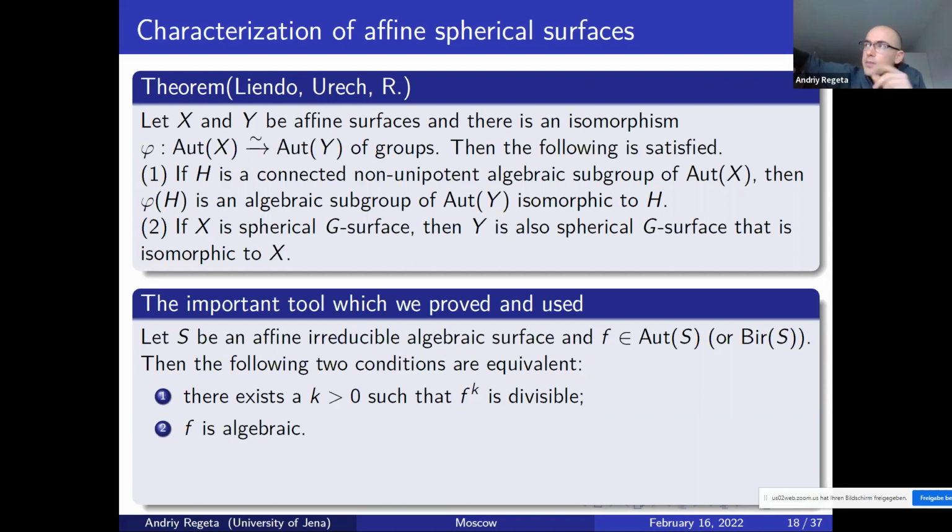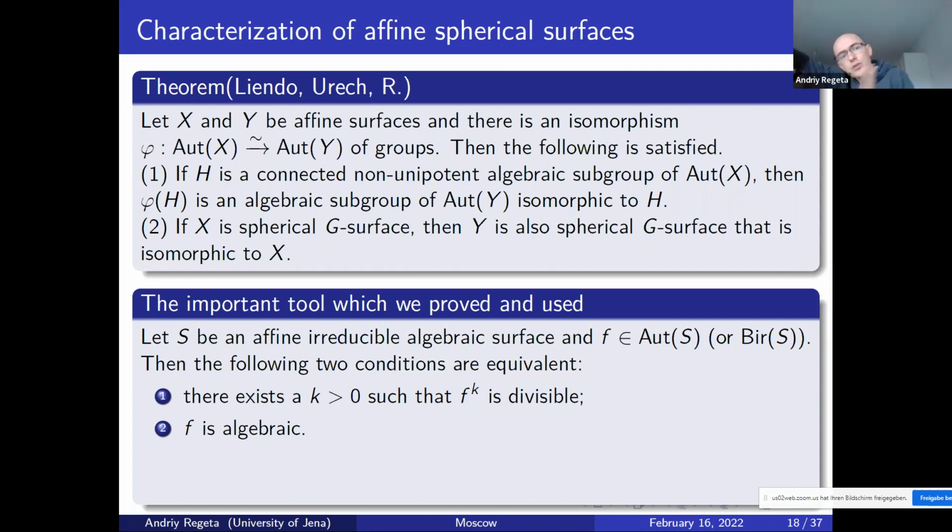Divisible means you can take a root of your element of any order inside of the group, inside of Aut S or Bir S, depending where your F lies. And second, F is algebraic. So the statement characterizes algebraicity in terms of abstract groups. And that's exactly what we want.